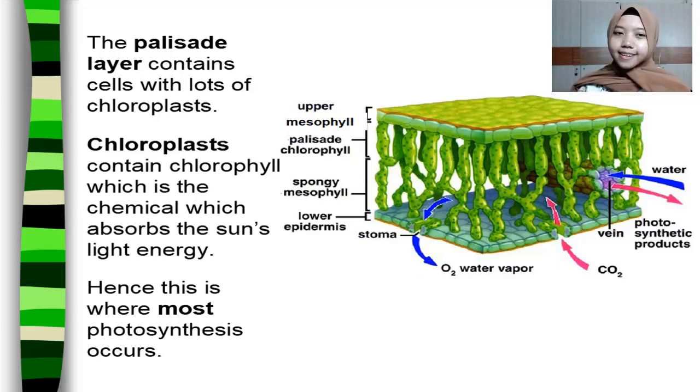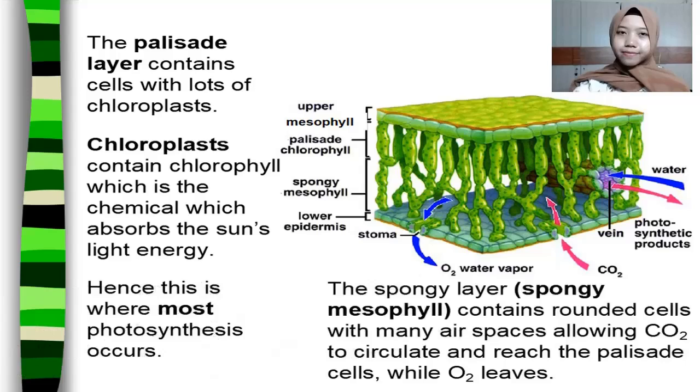Hence, this is where most photosynthesis occurs. Spongy layer. Spongy mesophyll contains round cells with many air spaces, allowing carbon dioxide to circulate and reach the palisade cells while oxygen leaves.